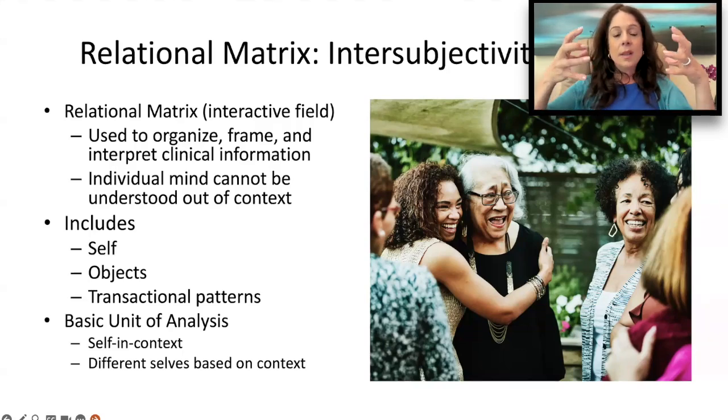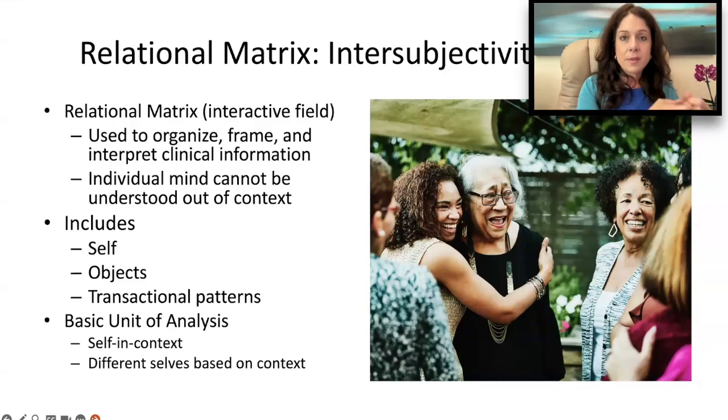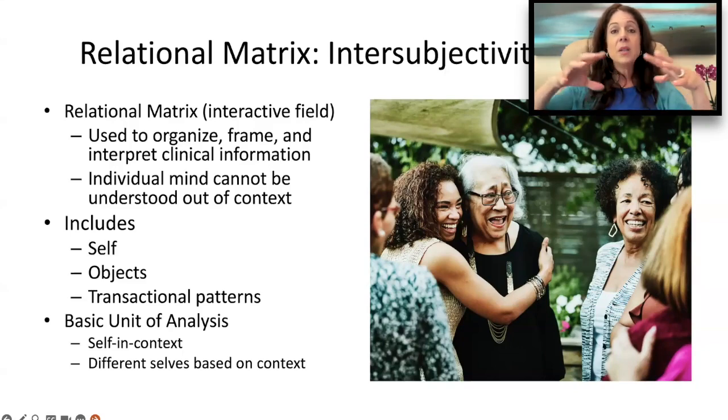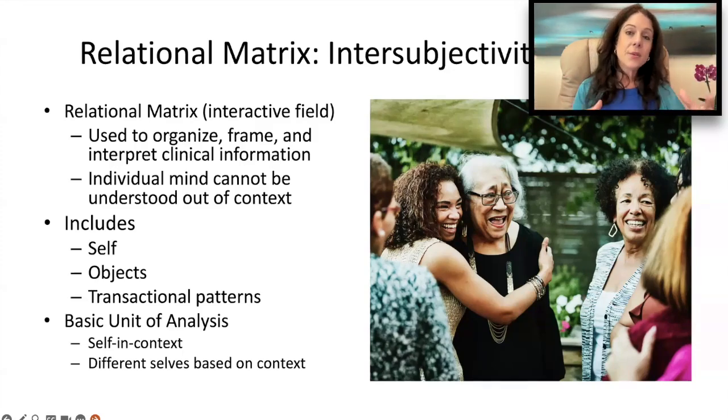And so the individual mind includes both self, other objects and transactional patterns. And it includes these contextual, societal, social norms. And so the basic unit of analysis is never just the individual, as it is in most every other form of therapy, but it's the self and context.